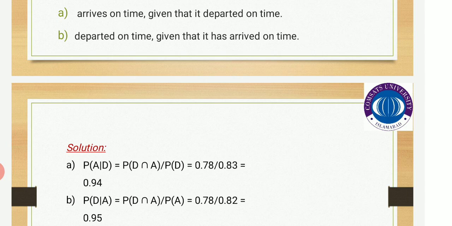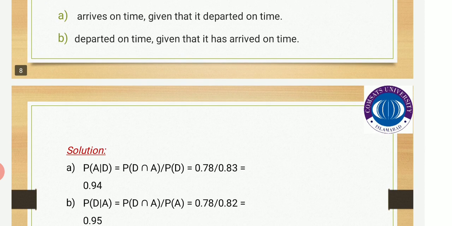So by applying the conditional probability formula, it would be equal to probability A given D, which will be equal to probability D intersection A divided by probability of D, which would be equal to 0.78 divided by 0.83, which would be equal to 0.94. Similarly with part B, departed on time given that it has arrived on time.